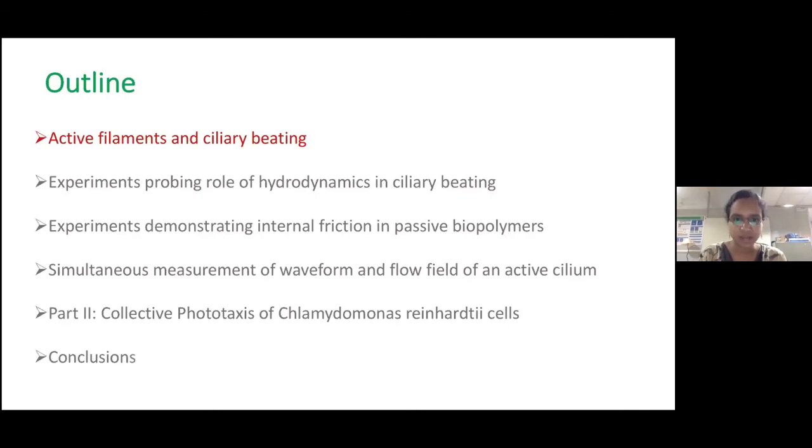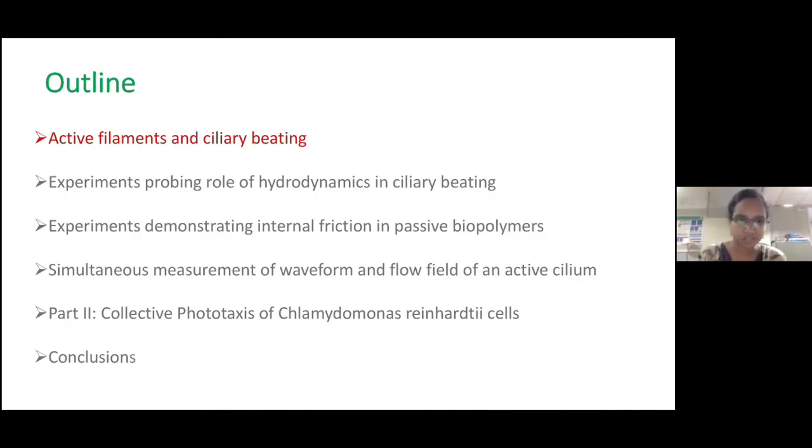I will also highlight some experiments that have attempted to measure internal friction in passive biopolymers. After setting all this background, I will present the measurements that we have done on an isolated cilium. Specifically, we have looked at measuring its waveform and flow field. That will be part one of the talk.